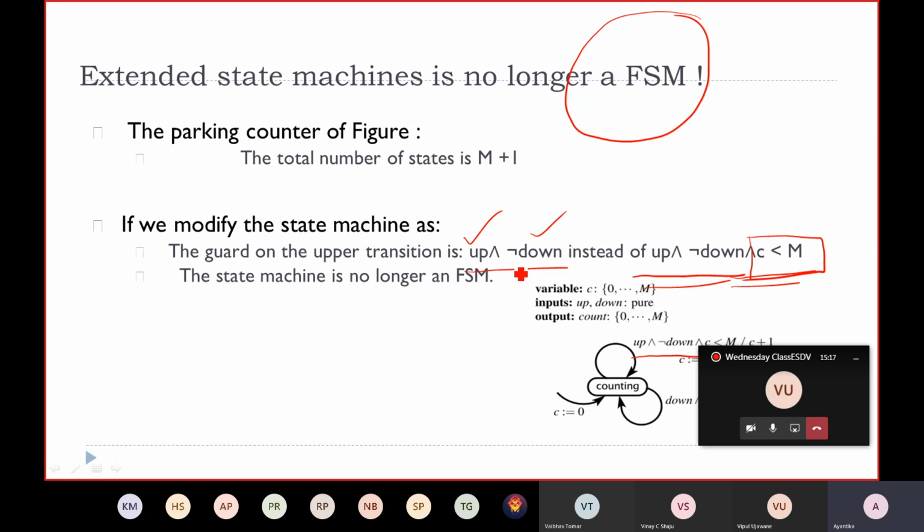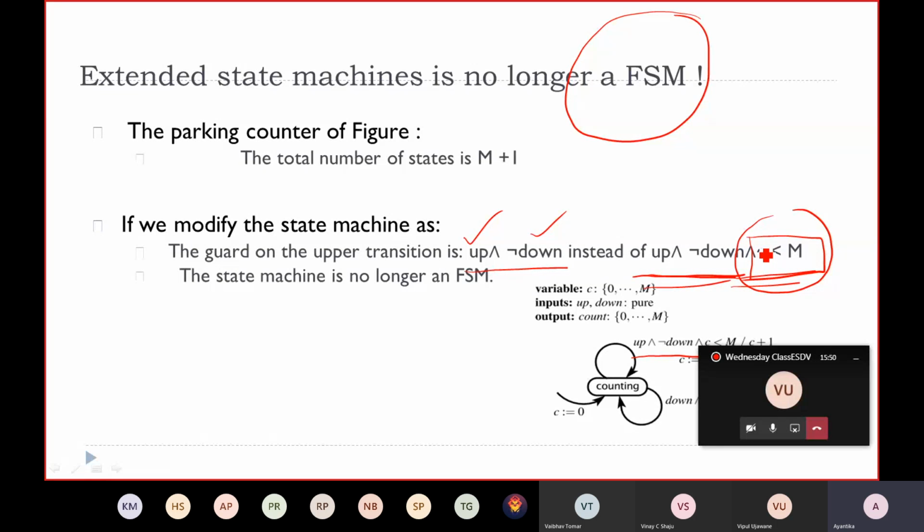So if I am not considering this threshold condition, this maximum number of possible places inside the parking lot, then this whole condition can lead to one state machine, of course. The counting will change based on some condition, everything will be fine, but it will not be guaranteed as a finite state machine, because it can continue as an infinite loop.